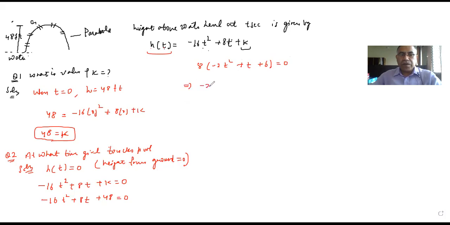Minus 2t square plus 4t minus 3t plus 6 equal to 0. हाँ जी, minus 2t outside. So this is t minus 2.